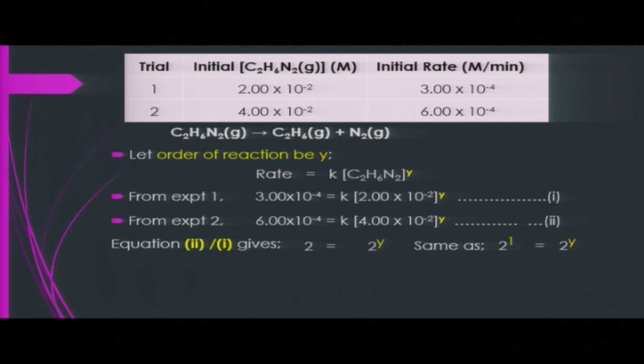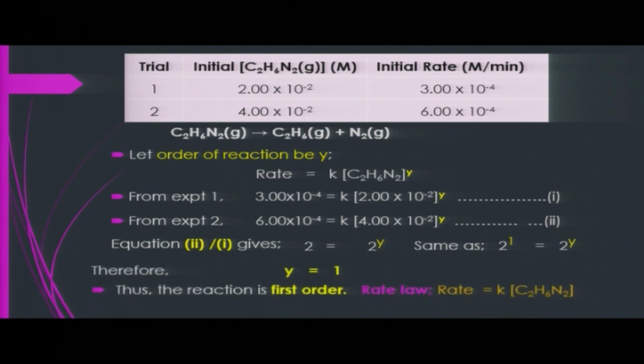PCB students, you have sub-math, I know, so this is not new to you. So from this, what do we conclude? Y becomes 1, and if we have 1 as Y, which was the order of a reaction, that means the reaction is first order. What do we mean by first order?